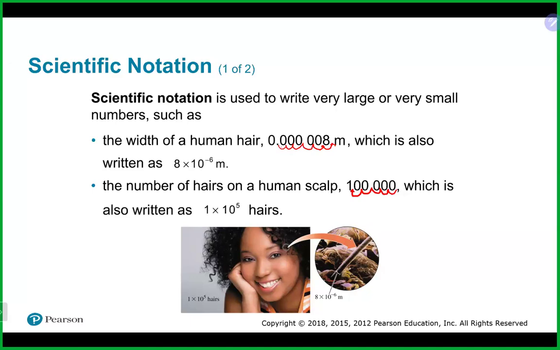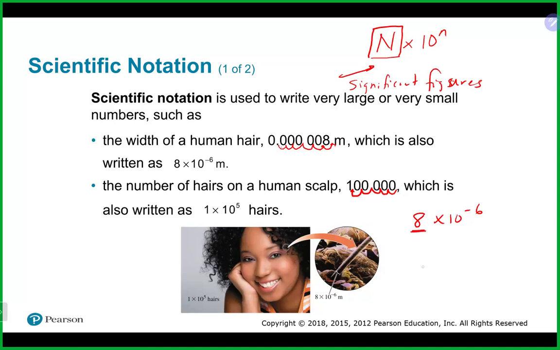Now, one of the things when you look at a number that's written in scientific notation, like n times 10 to the n, all of the numbers that come before the times 10 part are always significant figures. So, for example, when we see this number written as 8 times 10 to the minus 6, there is only one number before the times 10 part.